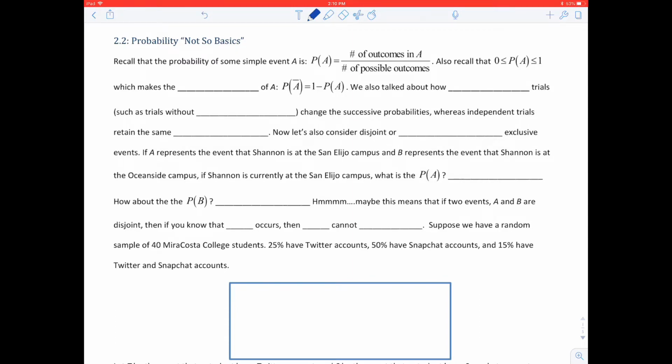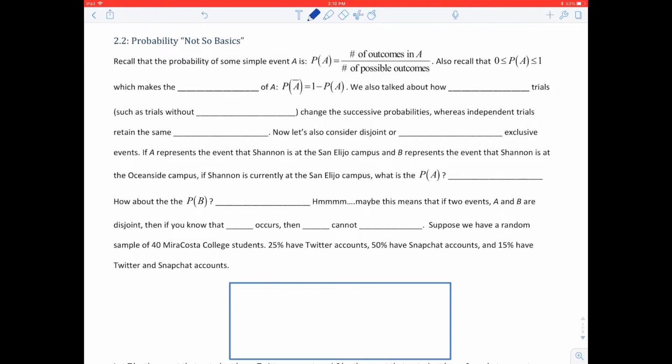Today we'll be going over the probability not-so-basics. Recall that the probability of some simple event A is the number of outcomes in A over the number of possible outcomes. Also recall that 0 has to be less than or equal to the probability of A, which is less than or equal to 1.